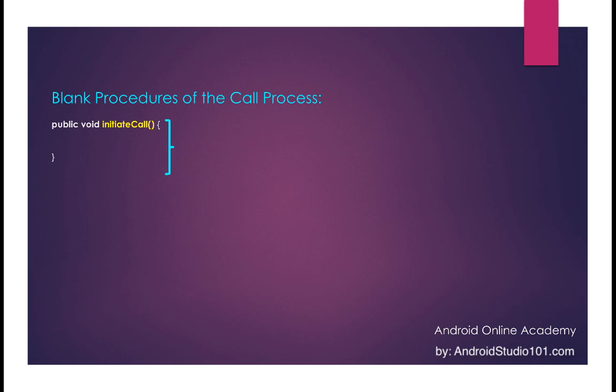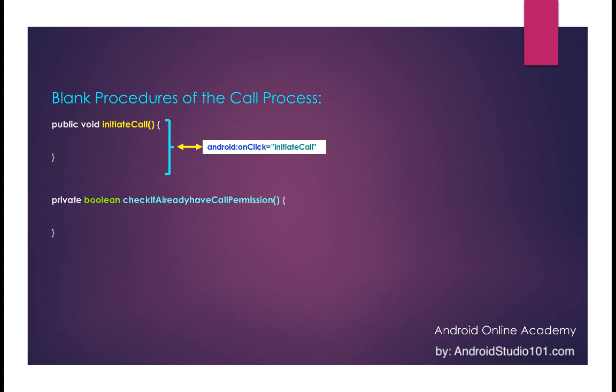The required onClick parameter inside your XML for your button that would be clicked by the user to initiate the call. So here it is, android:onClick. The name of the procedure is initiateCall. Don't forget to pass that to your button XML as an onClick parameter.